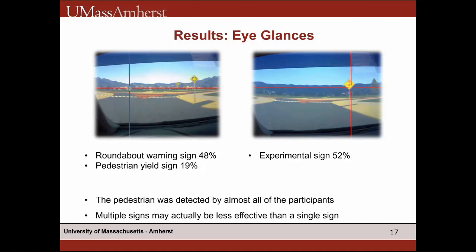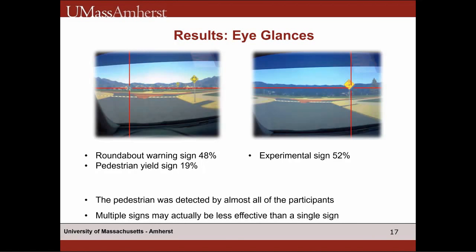With this new sign, we could improve their glances. Actually, they glanced more at the new sign. So we provided more information with just one sign instead of two signs. We distracted them less with just one sign instead of two signs.